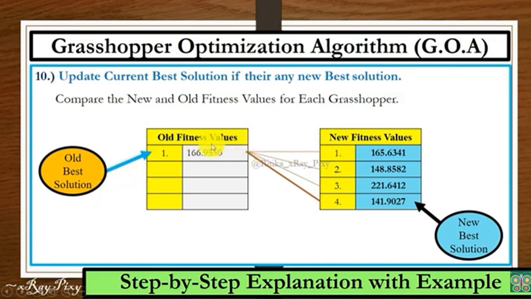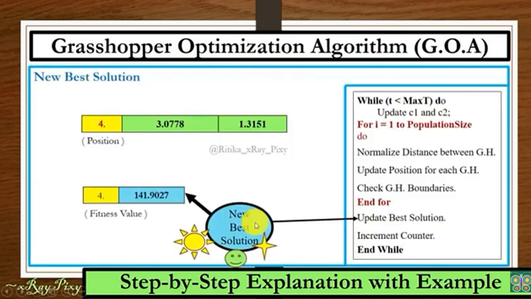Now we will compare this old fitness value with the new fitness values that we computed, looking for smaller. And you can see among all, this one is the minimum value. So we will consider this one as the new solution. We will replace the current best solution with this value. So now our new best solution is this one, and this is the position.